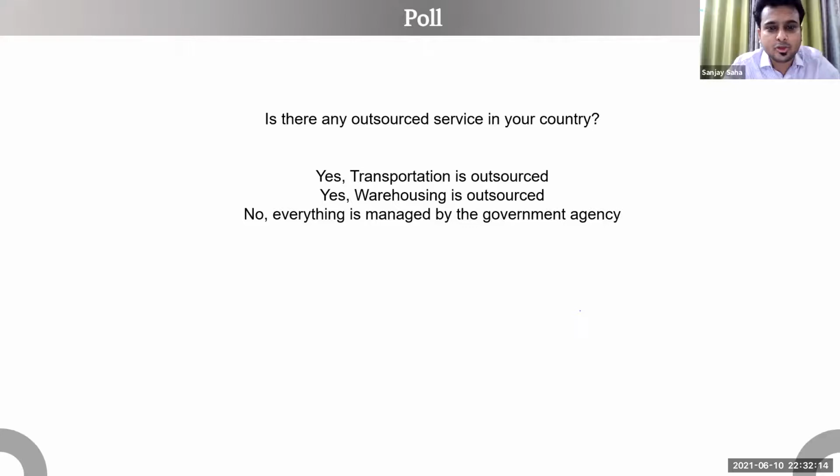It would be great to know which service is outsourced in your country, or if the entire supply chain is actually managed by a government agency like a central medical store, or a logistics management coordinating unit, LMCUs. In Nigeria, there are a lot of LMCUs as well. So it would be good to understand. And if there are any comments, please don't hesitate to speak or ask questions as well.